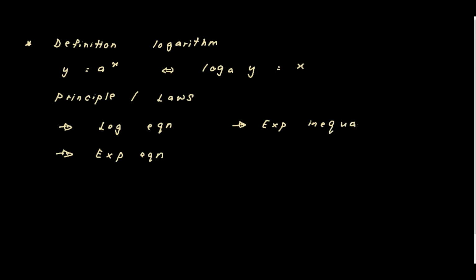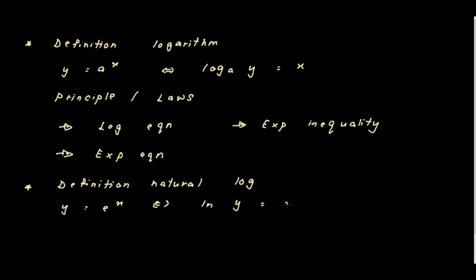Then for today's lesson, it's pretty much on the definition of natural logarithm, which is y equals to e to the power of x, then you can always write it in ln. So this is log to the base of e, and then y equals to x.